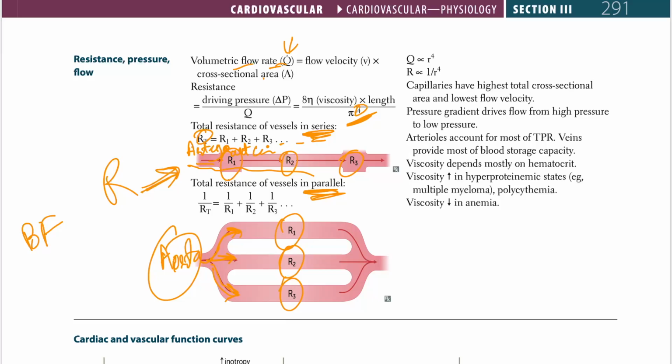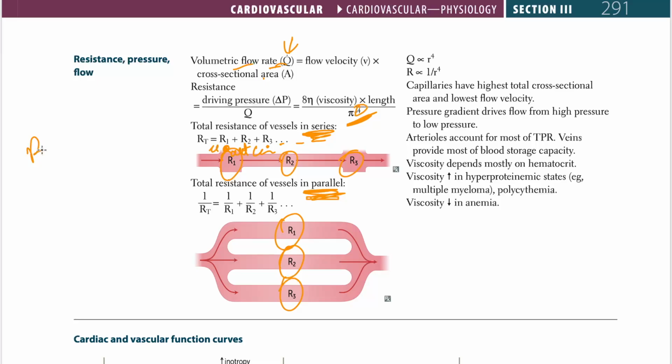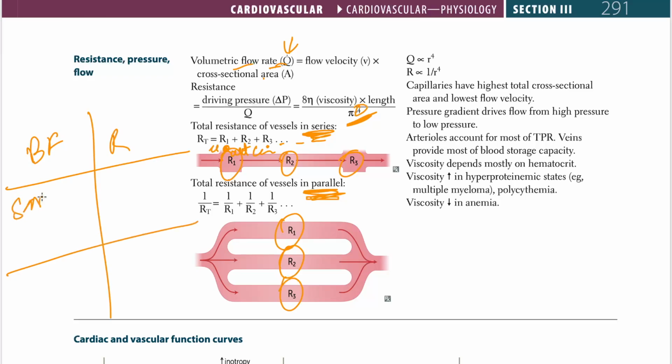But with the parallel, each artery receives a fraction of the total blood flow. So the blood flow in series is the same, while in parallel, they only receive a fraction of the total blood flow.